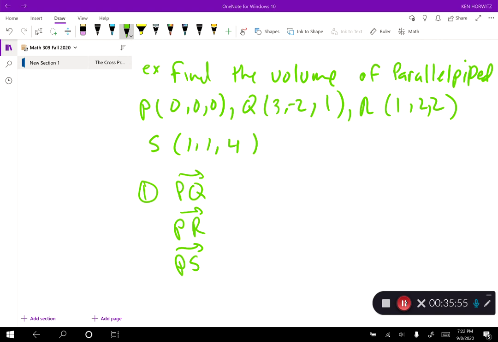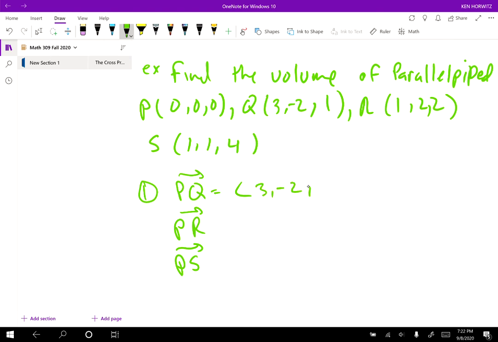All right, so vector PQ, let's take a look, is 3, negative 2, 1. Vector PR is 1, 2, 2. And vector PS is 1, 1, 4.